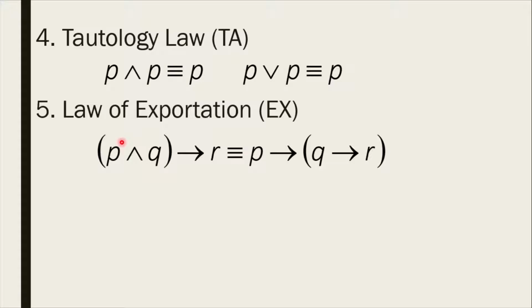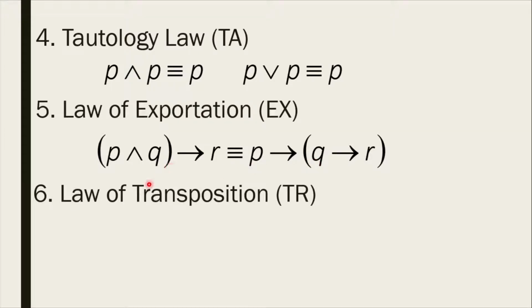This law states that a conditional statement whose antecedent is a conjunction is equivalent to a conditional statement whose consequent is also a conditional. Take note of that, and that is the law of exportation.